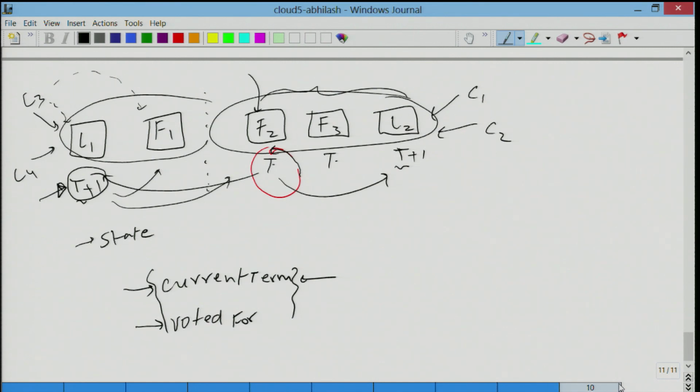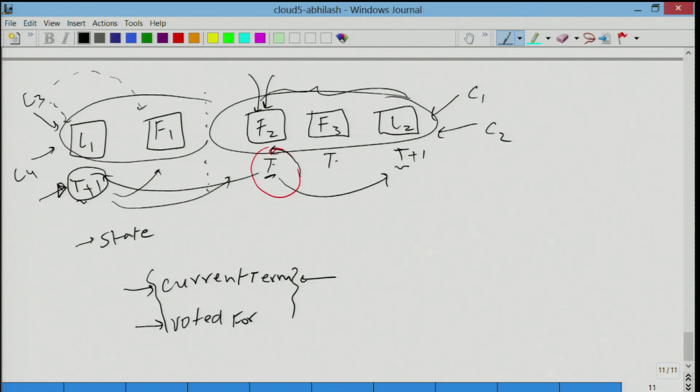Since t minus 1 is less than t, I'll accept the request from t minus 1. So the suggestion is that I don't need the current term on disk, because this follower will later see a request from term t, and at that point I can start rejecting requests from term t minus 1.